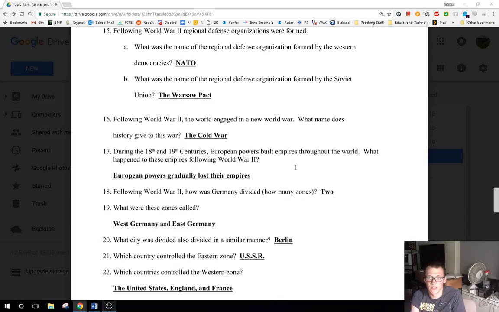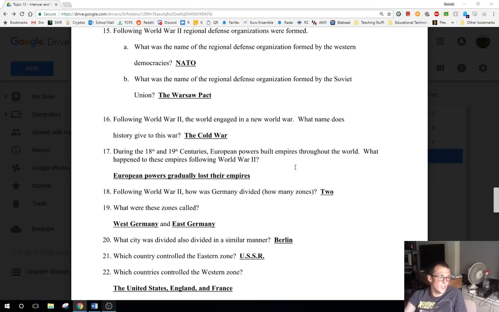However, Berlin will also be divided in a similar manner, so you will have a non-communist side of Berlin, and this gets really tricky because you have Berlin being completely in the communist side, and Stalin's going to want to get control of that, and you're going to have what's known as the Berlin crisis and things like that, but that's going way beyond where we are right now. We'll learn about that in a bit, probably.